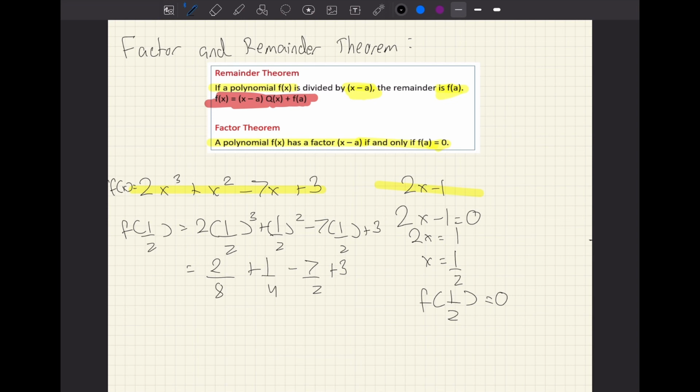I'll solve it part by part. 2 by 8 plus 1 by 4 is equal to 1 by 2. Then 1 by 2 minus 7 by 2 plus 3: 1 minus 7 is negative 6, so negative 6 divided by 2 is negative 3, plus 3, which is 0. Therefore we have proved that 2x minus 1 is a factor of f of x.